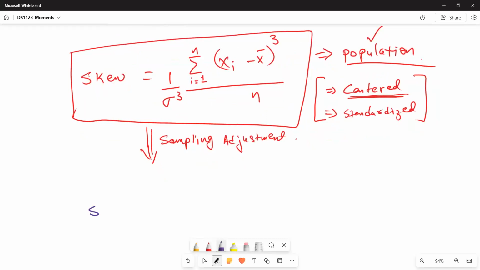Let's say my new formula for skewness becomes summation of xi minus x bar whole cube, i from 1 to n. This will be divided by n, and this will be divided by the cube of standard deviation.